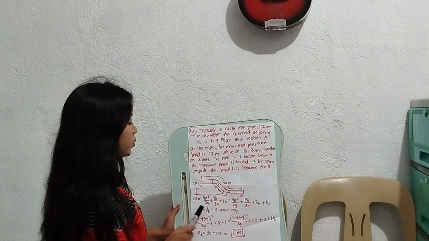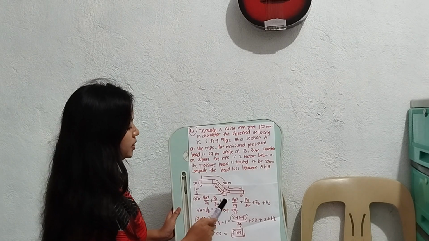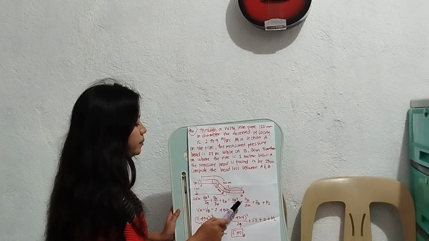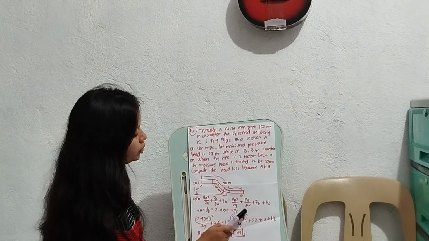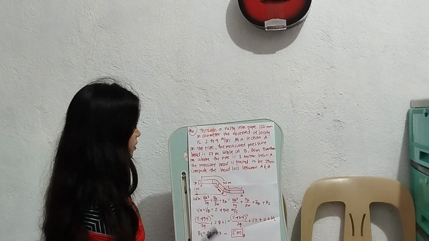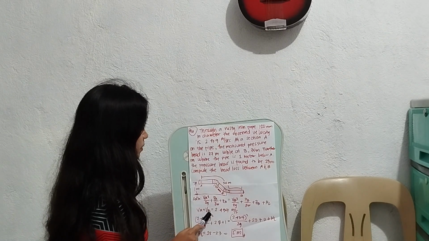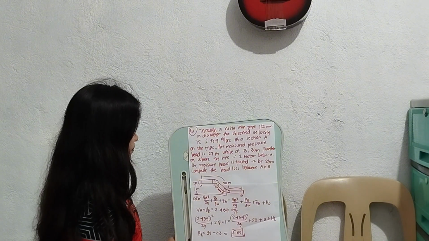So we have VA squared over 2g plus the pressure head over the unit weight of water plus ZA equals VB squared over 2g plus the pressure head over unit weight plus ZB plus the head loss. So cross out everything. VA is equal to VB equals 2.439 meters per second.